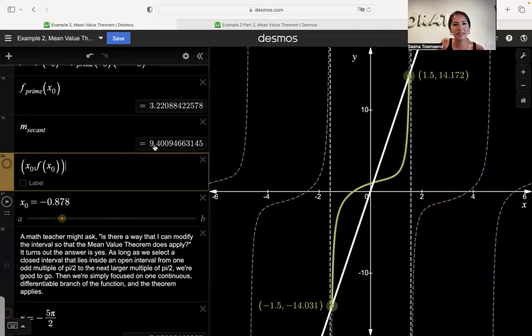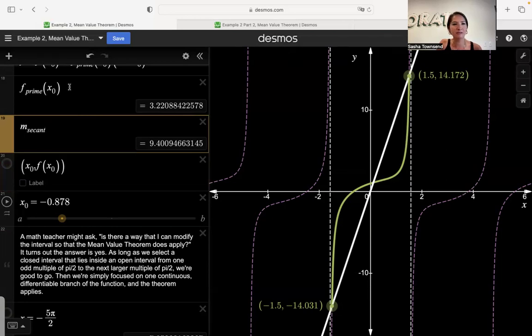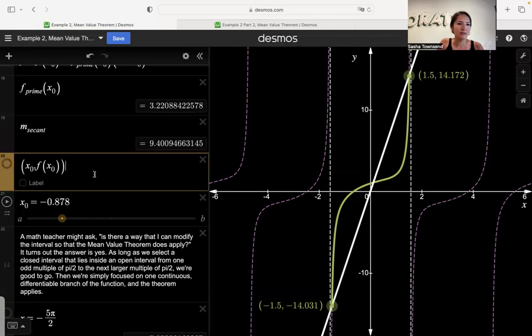Now the slope of the secant is approximately 9.4. And the question is, when is f prime equal to that 9.4? Well, the function is nice and smooth and continuous on the interval from negative 1.5 to positive 1.5.